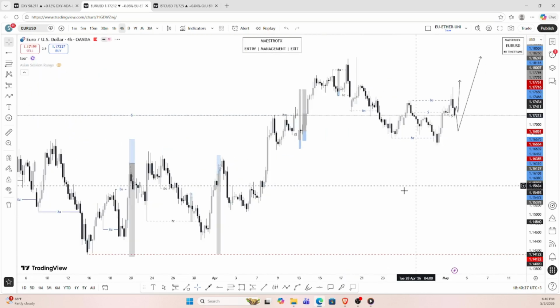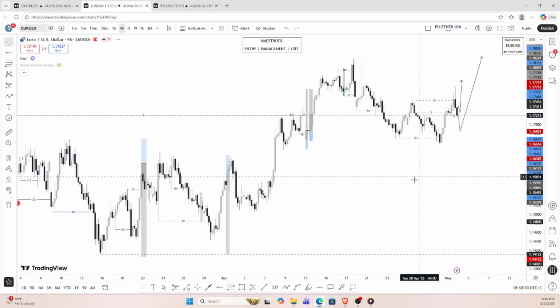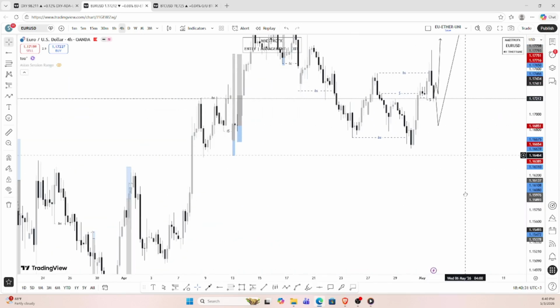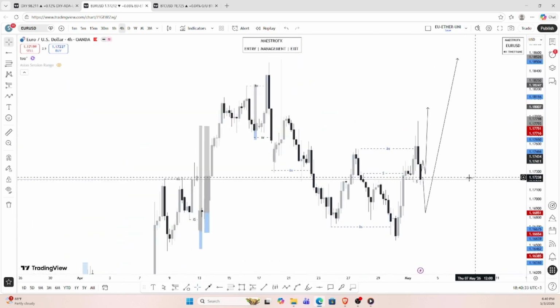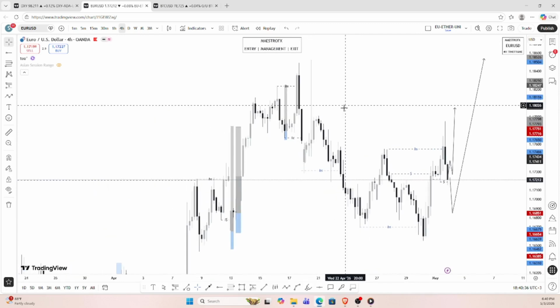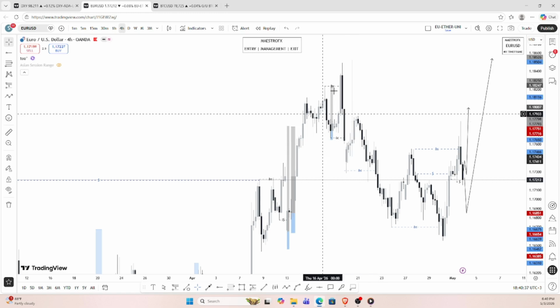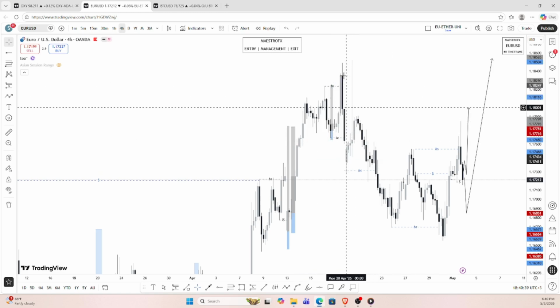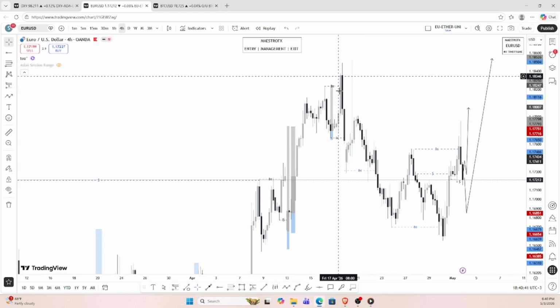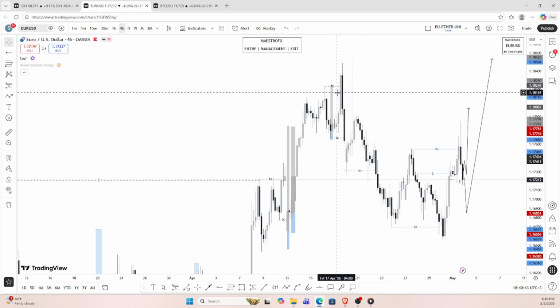You can see that, let me zoom in the chart so that you can see what I'm saying here. We can see that immediately after the price printed this high and broke structure to the upside, the trend shifted to the downside.